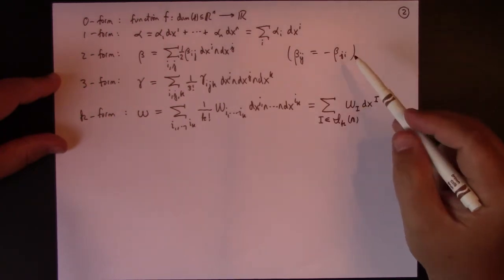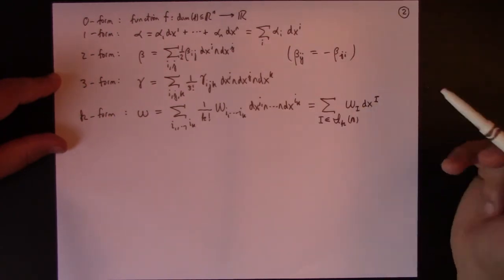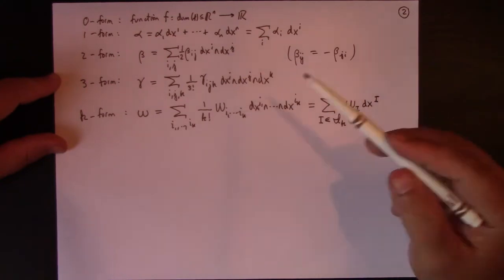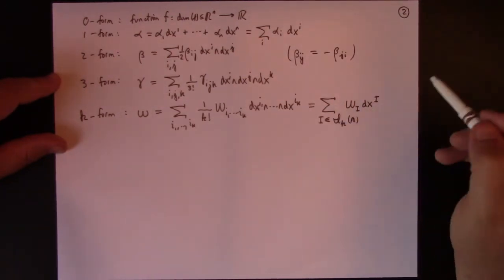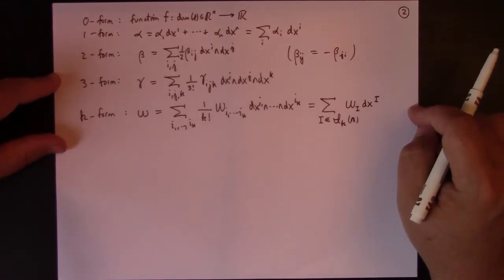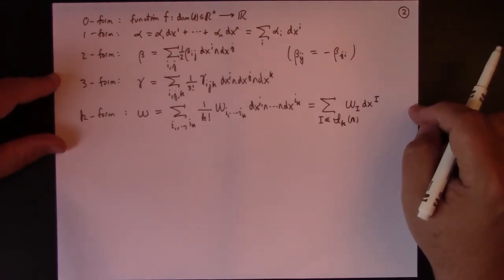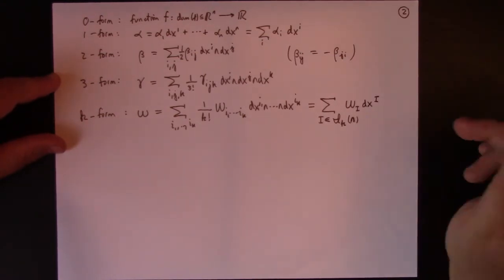And so 1, 2, and 2, 1 aren't both in here. It's just got 1, 2, for example. So I don't need to divide by a factorial to fix it. This is the multi-index notation, sometimes useful. Okay, so these are what they look like.